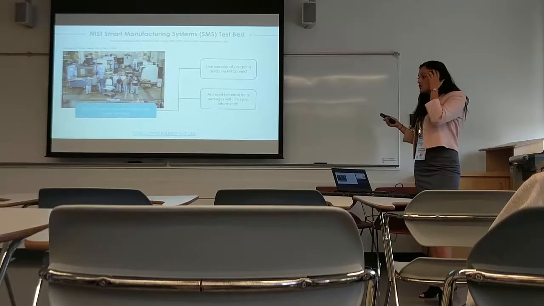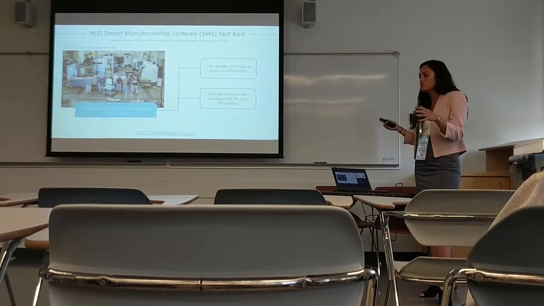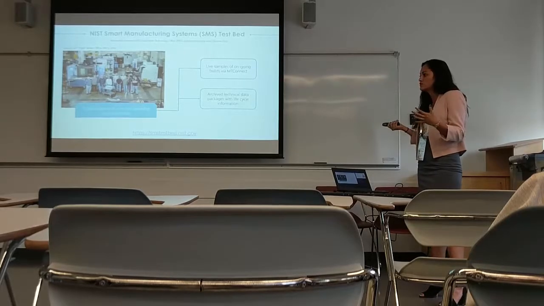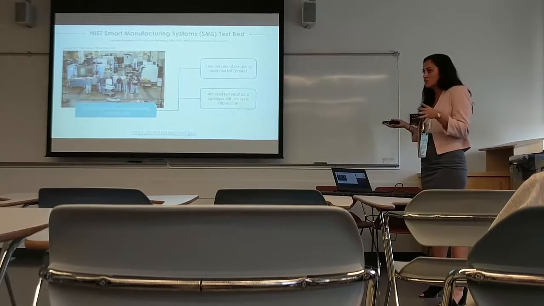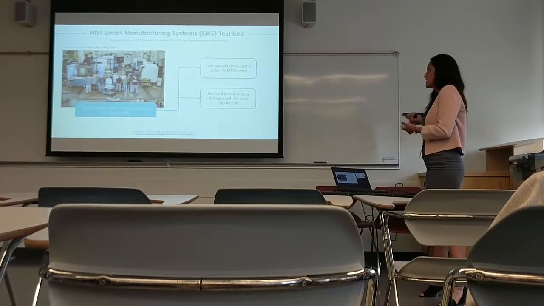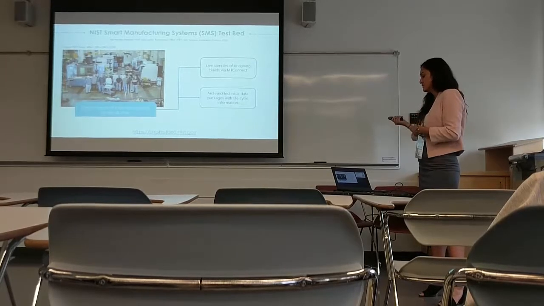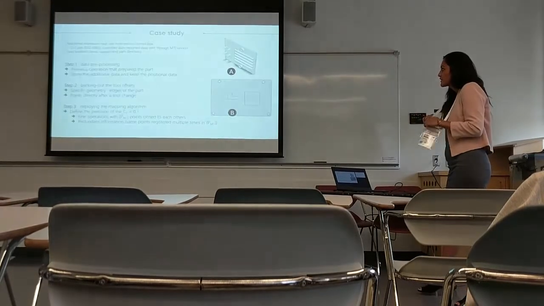We are really trying to emulate what is happening in a real industry, so we don't know what is happening. We don't know, for example, if the operator has stopped the machine or things like that. We just take the data that they give us and then try to use the method that we have developed.